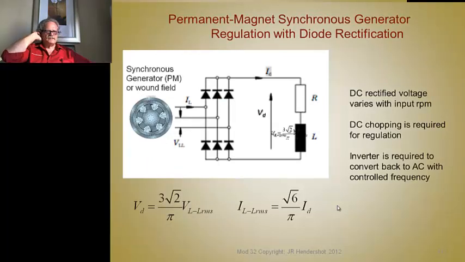This is a generator with just a plain diode rectifier, 6 diodes, but you need capacitance across here to smooth it. To regulate to some voltage lower than the rectified DC, you would use a DC chopper, a transistor turned on and off with PWM. And these are the voltage and current equations for that.